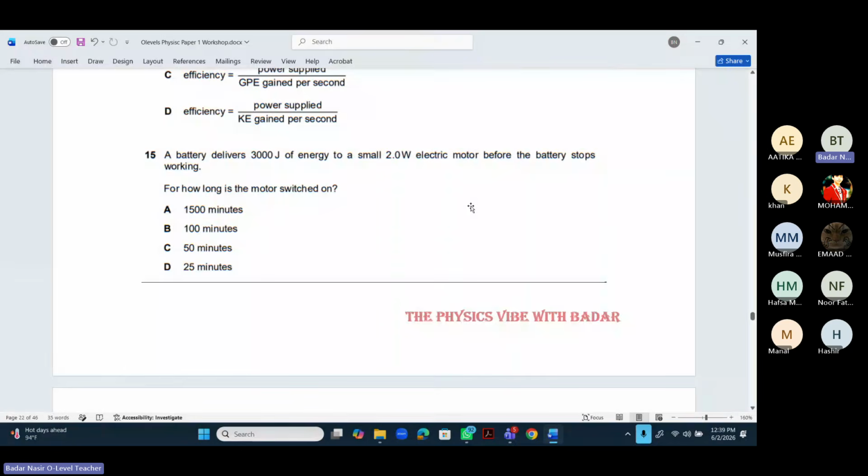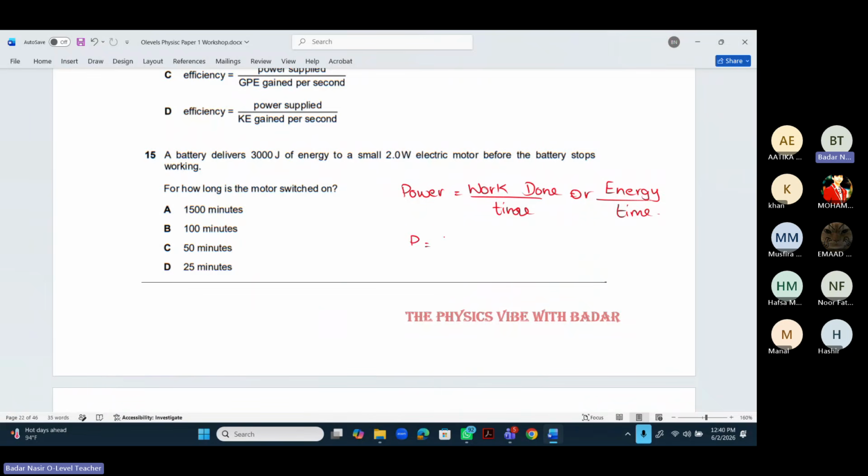A battery delivers 3000 joule of energy to a small 2-watt electric motor before the battery stops working. For how long? Power is work done over time, or energy over time. Okay, so we have to find the time.